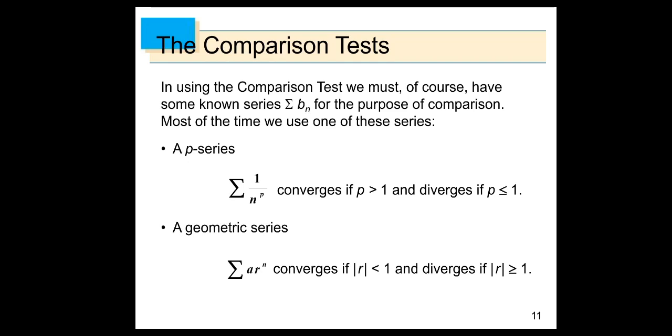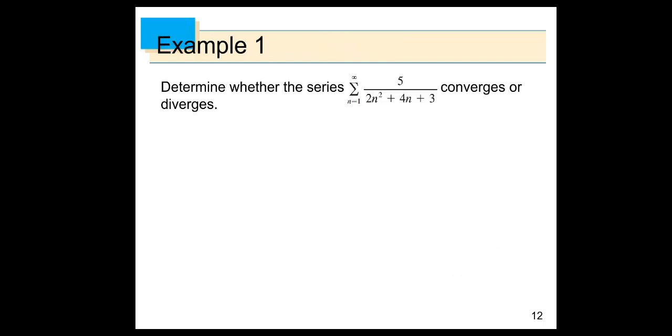For the p-series, it will converge if the value of p is greater than 1, and it will diverge if the value of p is less than or equal to 1. Whereas if b_n is in geometric form, the series converges when r is less than 1, and diverges when r is greater than or equal to 1, understand?